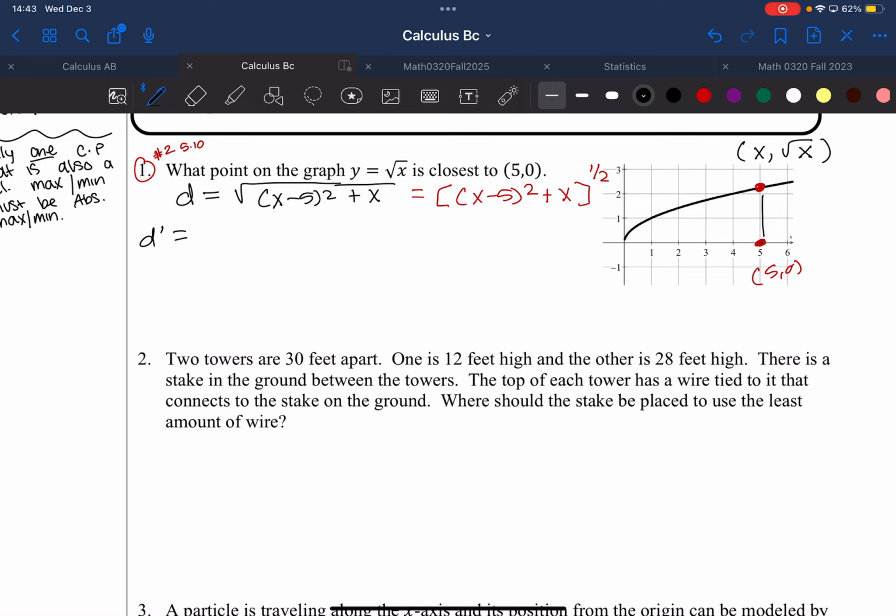So d prime, the derivative, would be what? 1/2, everything inside there, to the power of negative 1/2, and then using the chain rule, what's going to be next?